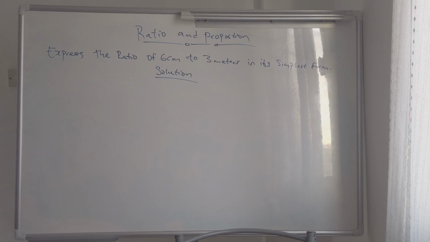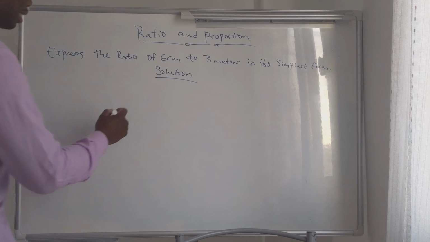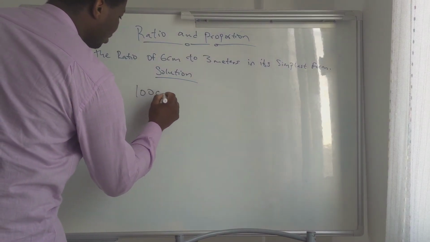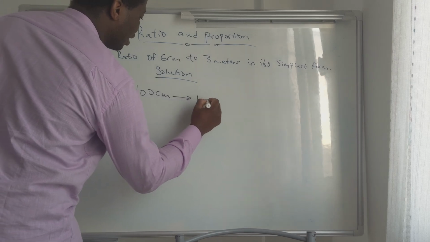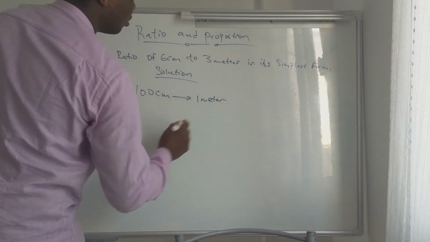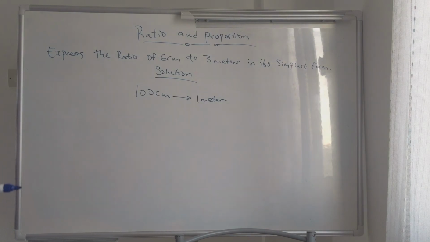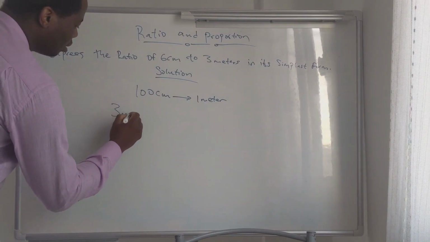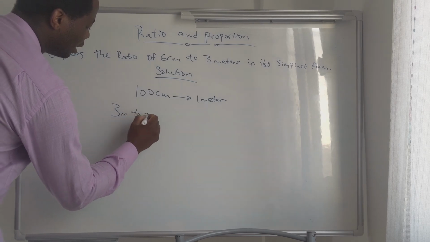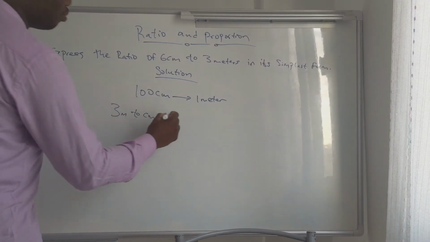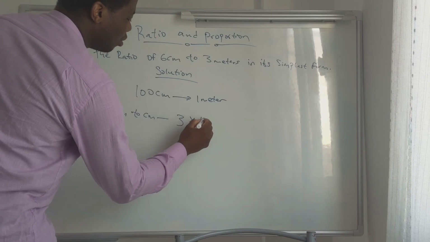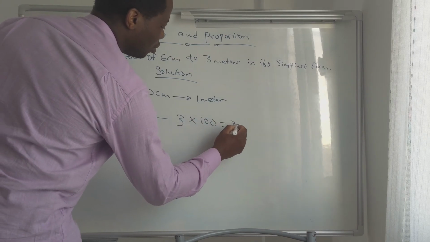So firstly, 100 centimeters makes 1 meter. So now, we want to convert 3 meters to centimeters. What we're going to do is say 3 multiplied by 100, which is equal to 300.